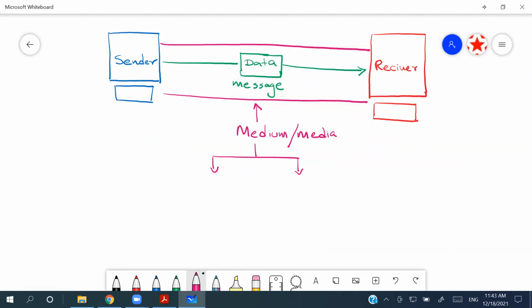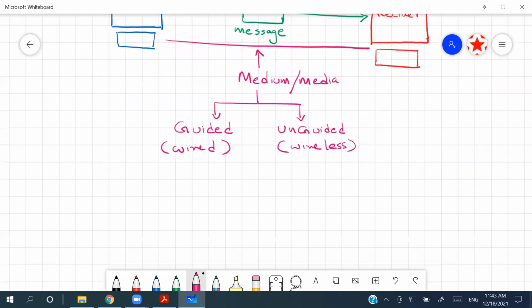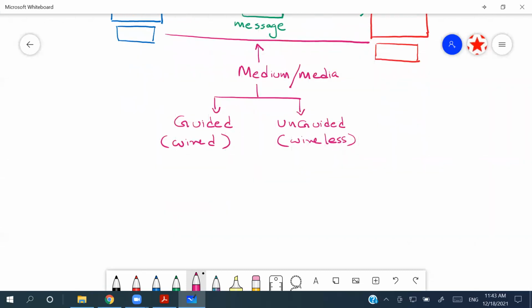Right. So we have guided media. Guided media means wired media. Right. And we have unguided media. That means wireless. Right. So regarding the guided media, there are three types of guided media that we are talking about.